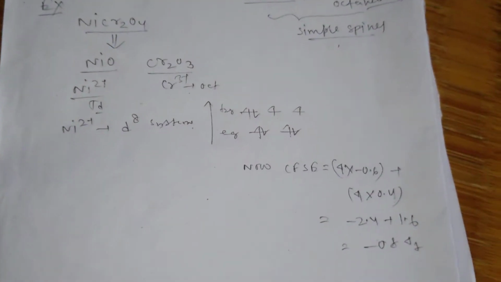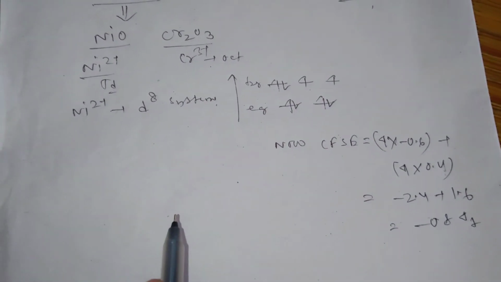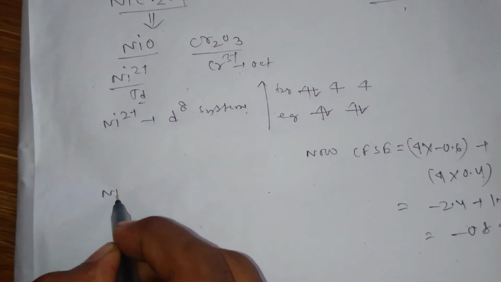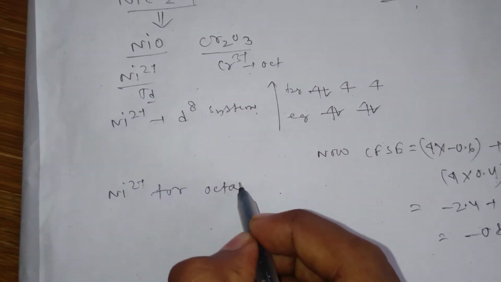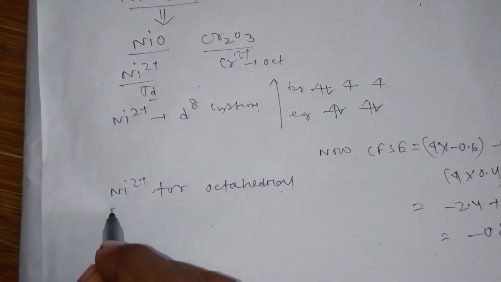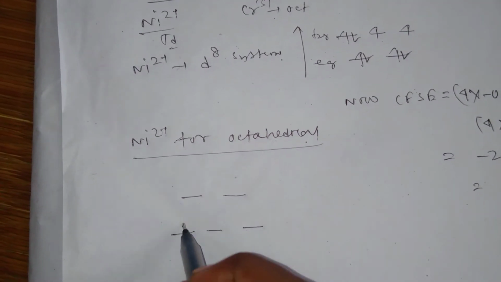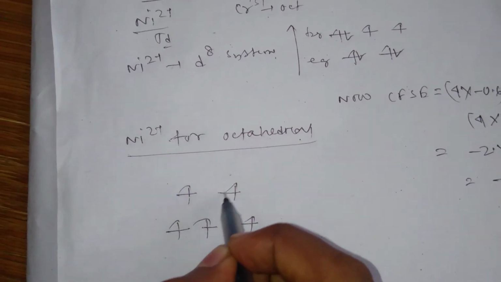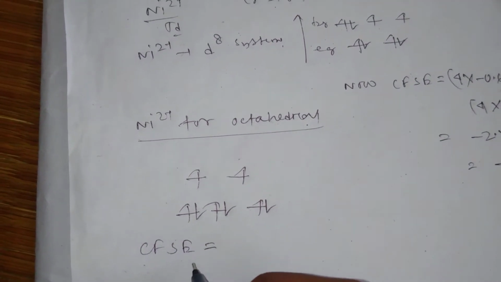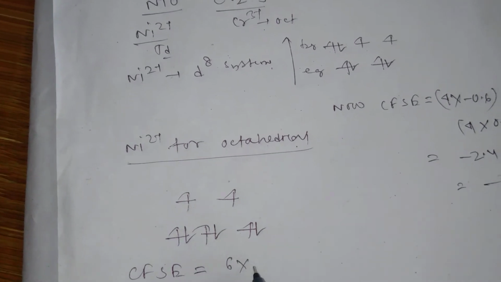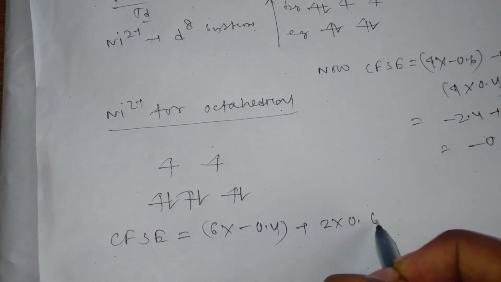Okay, and also we calculate for octahedral. This 1, 2, 3, 4, 5, 6, 7, 8. Then CFSE equals 6 into minus 0.4 plus 2 into 0.6.